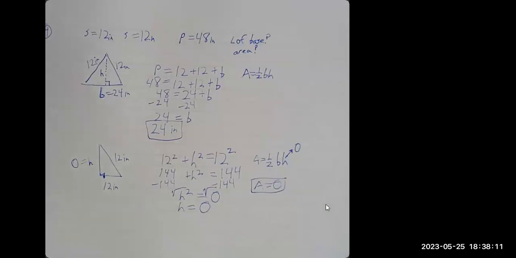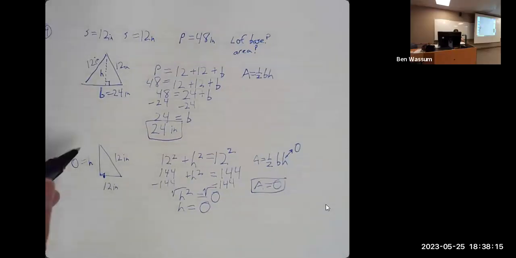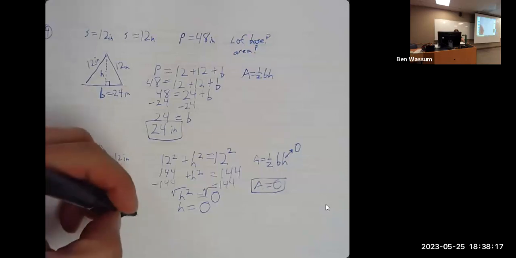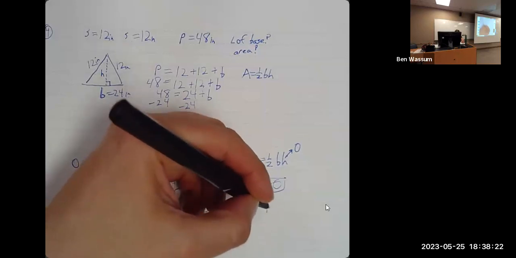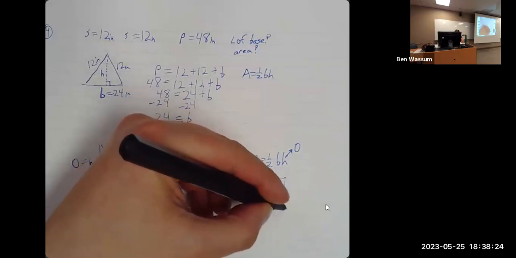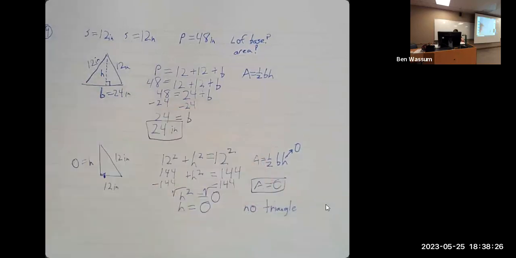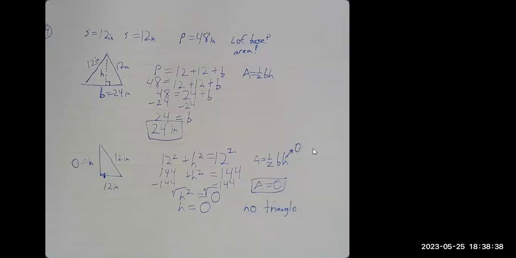But such is life. Got a weird one, so there's no height. I suppose a nice way of saying this would be that there is no triangle to speak of for this problem. Or maybe no solution. Either way, it'll work. No solution sounds better.